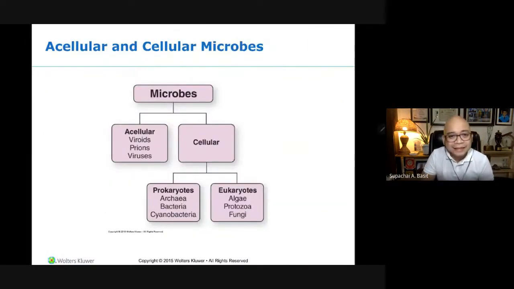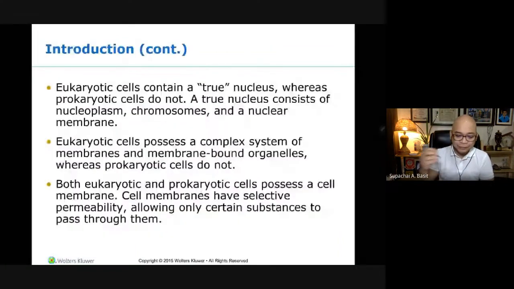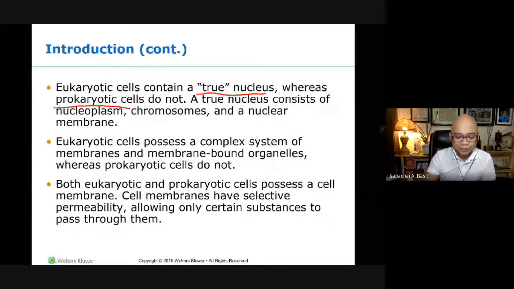So again, microbes are divided into acellular, which includes the viroids, the prions, and the viruses, and the cellular, which can be classified as prokaryotes and eukaryotes. Okay. I have already discussed this one to you. Eukaryotic cells contain a true nucleus, whereas prokaryotic cells do not have a true nucleus. And what makes it a true nucleus?